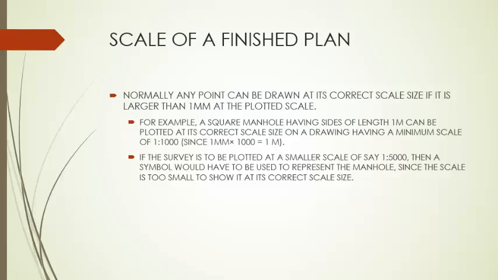For example, a square manhole having sides of length 1 meter can be plotted at its correct scale size on a drawing having a minimum scale of 1/1000, since 1 millimeter times 1000 is equal to 1 meter.